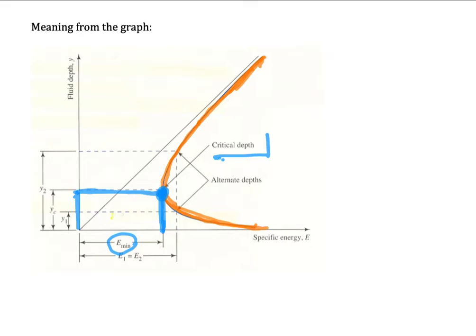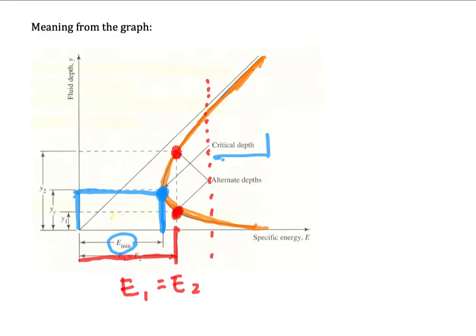For other points, for example, we have one point here and one point here. At this point we find that the energy is equal to E1, for example, and then we write E1 is equal to E2. Why do we write E1 equal to E2?